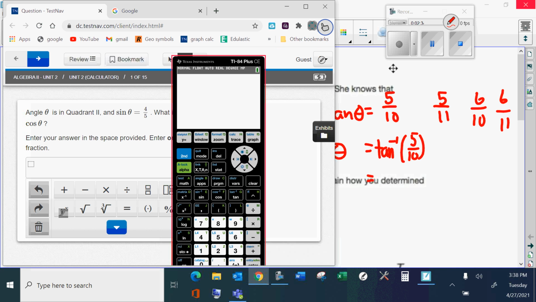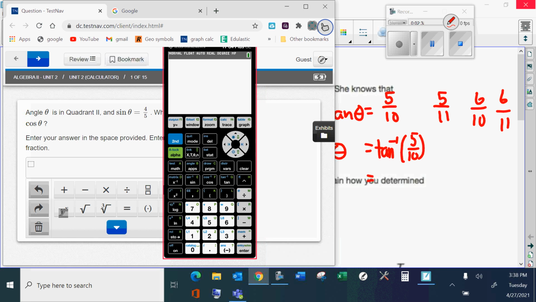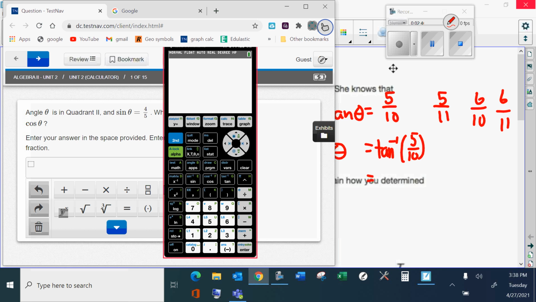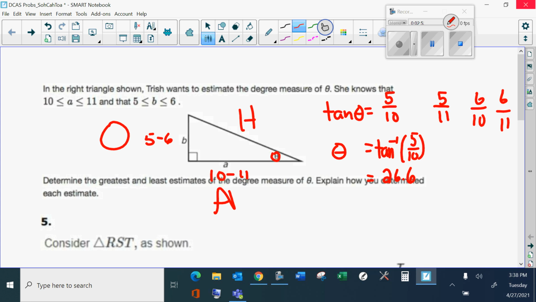Okay, so we can get those numbers in there now on the screen. So we have inverse tangent of 5/10, or 0.5, same thing: 26.6, rounded to the nearest tenth.